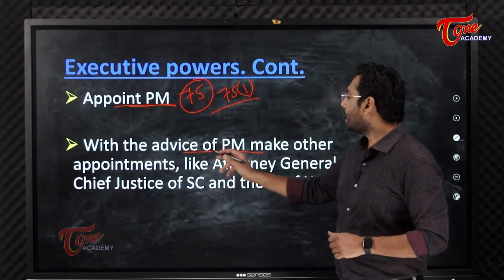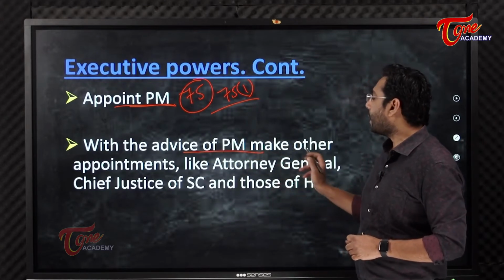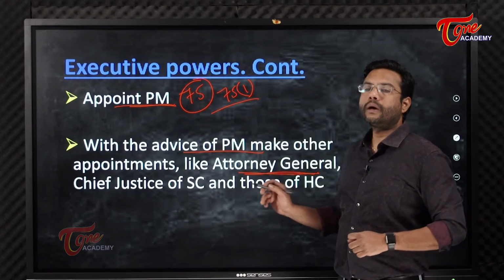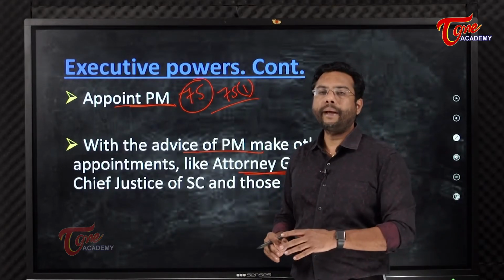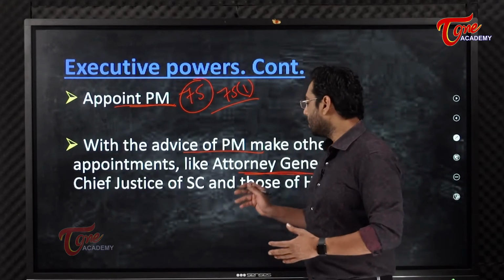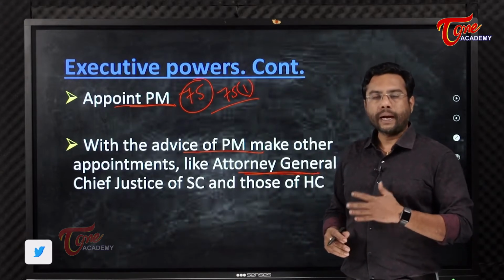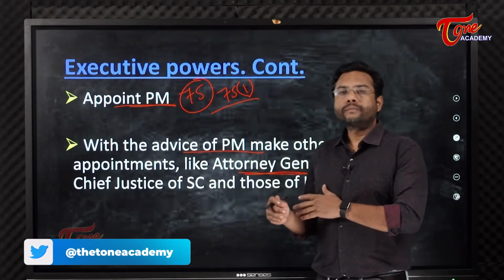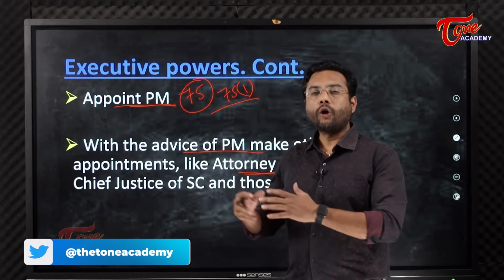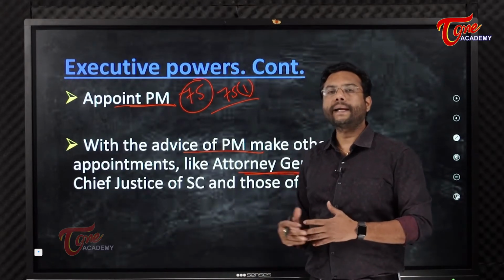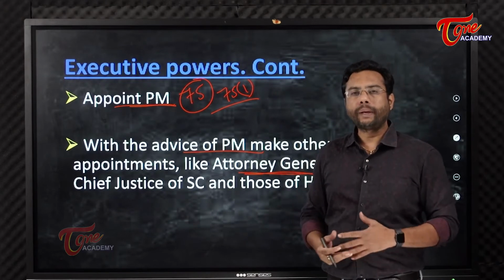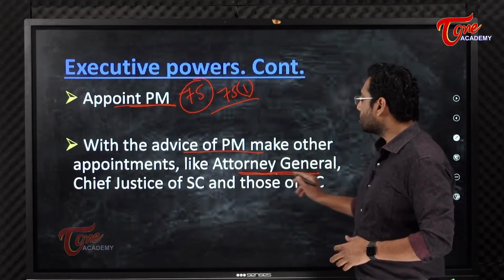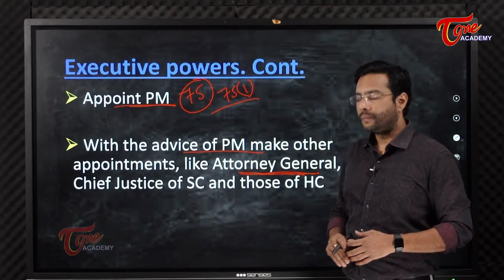When we say with the advice of the Prime Minister make other appointments, like Attorney General. The Attorney General would be representing the government in the court. The Attorney General is a senior advocate or a practitioner of law who would represent the government. The government cases are represented by the Attorney General in the Supreme Court, in High Courts or in various other courts. So the Attorney General is also part of the executive.